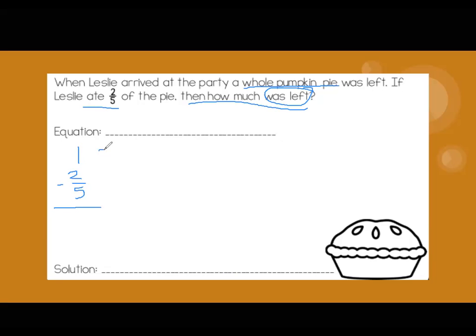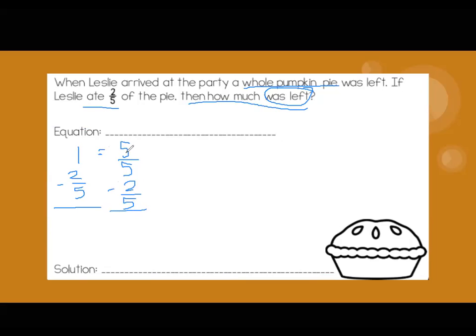One whole is equal to what fraction? If 5 is my denominator here, then I want to use that for my denominator for my whole number. So one whole would be 5/5. And then I can subtract 2/5. So we have two fractions with like denominators, so subtracting is going to be pretty easy.